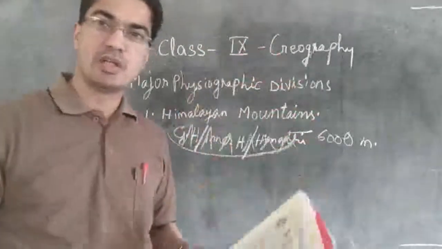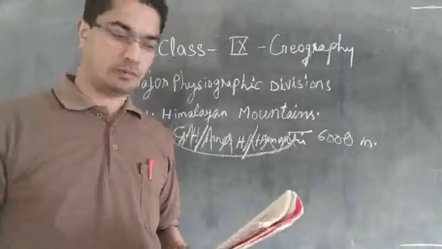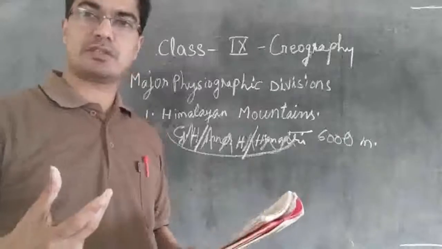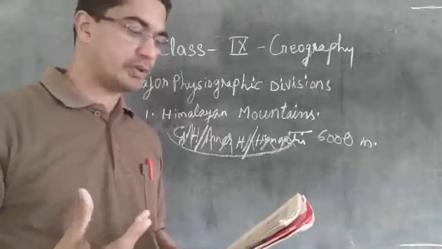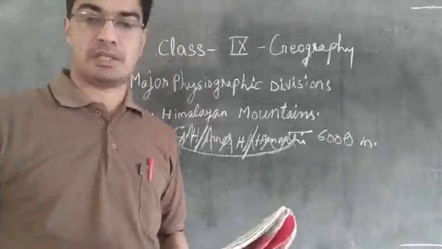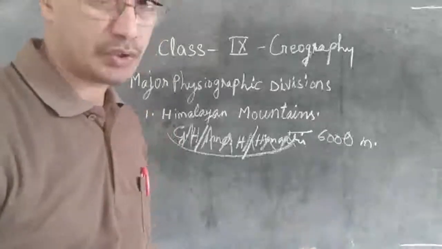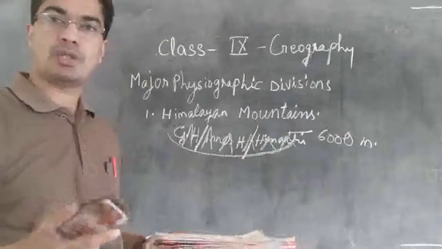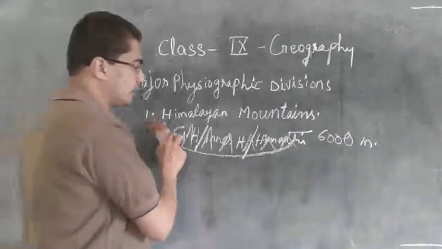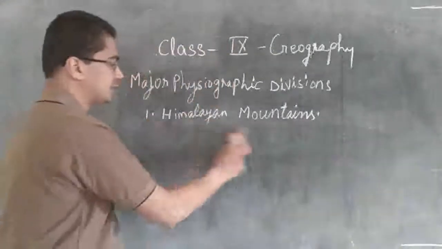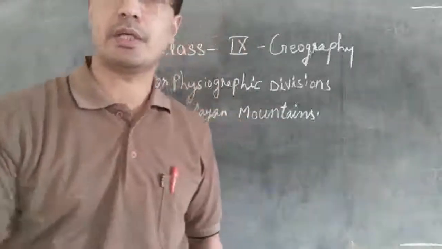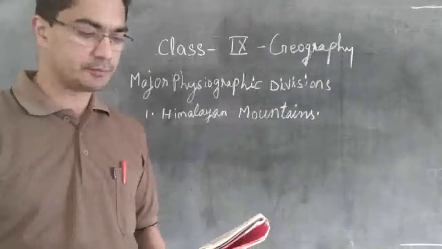The nature of the soil or this mountain is asymmetrical, meaning everywhere you go through this Himalayan mountain, the soil is not the same. There is a lot of difference from area to area.